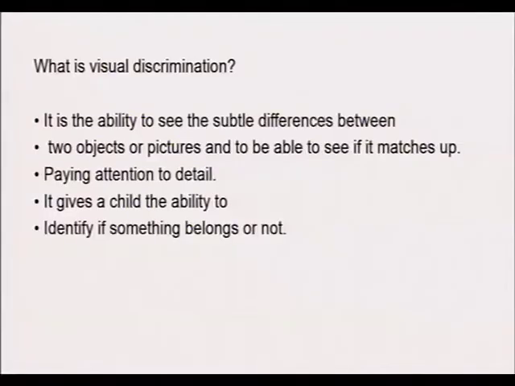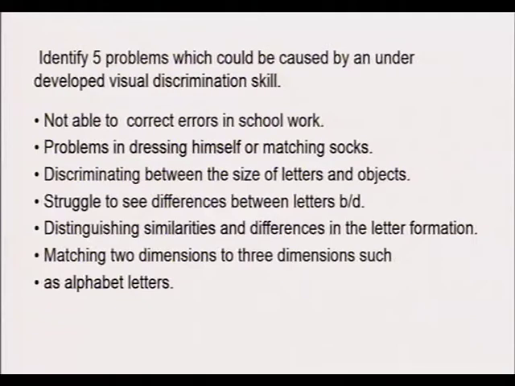This is exactly the same. You must be able to see the differences or to see what matches up. Paying attention to detail, because sometimes it can be small things, but you must really look at the picture to really identify the differences or the similarities. It gives a child the ability to identify if something belongs or does not belong.